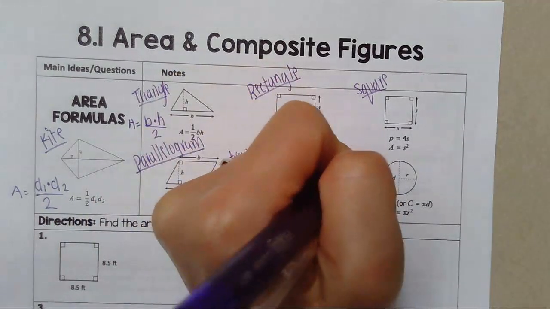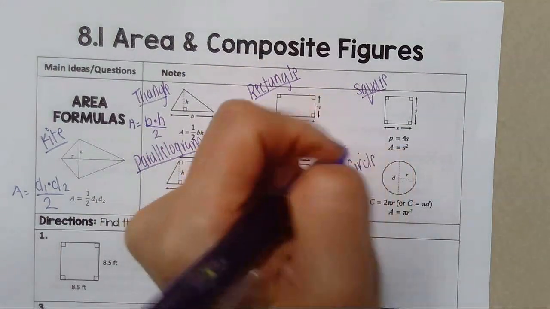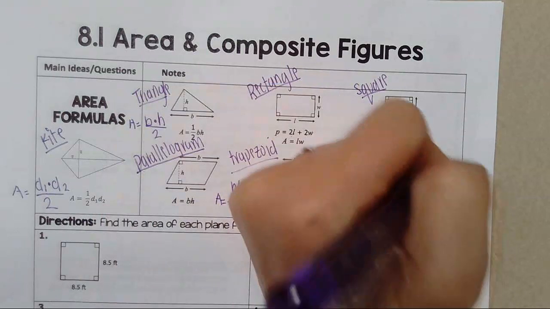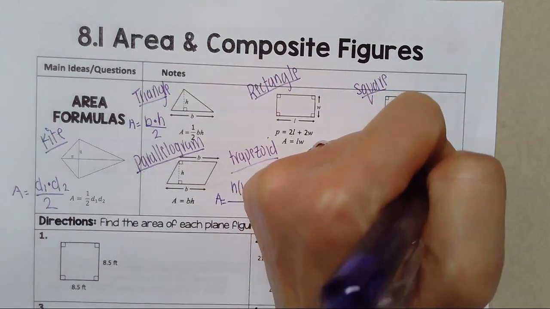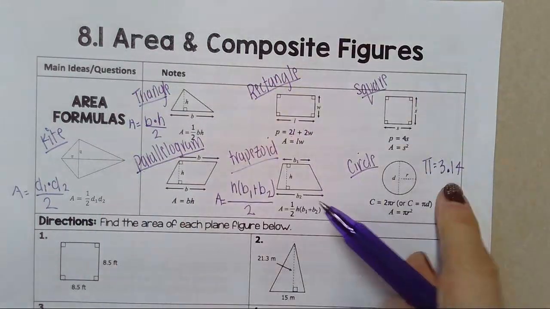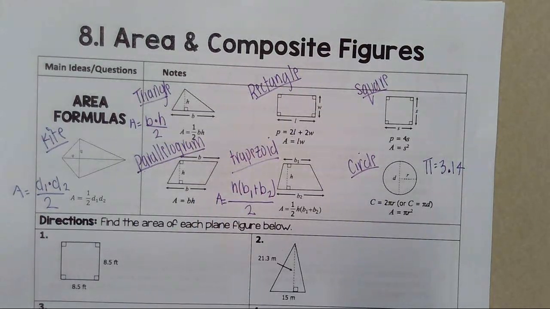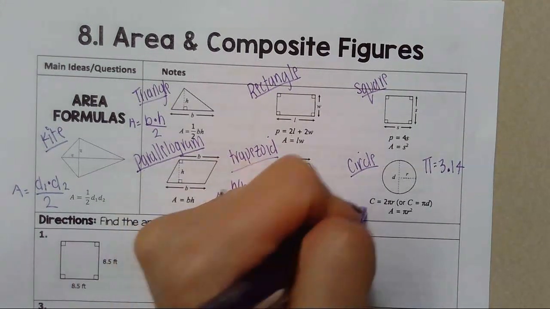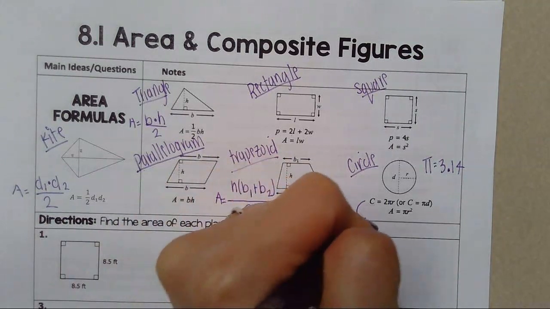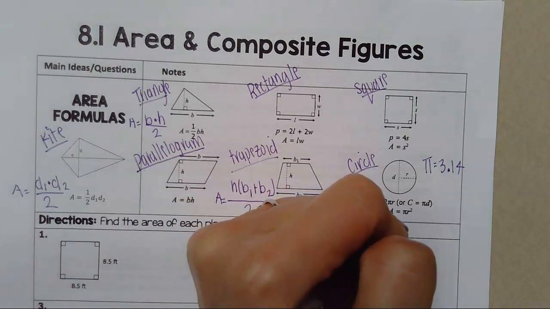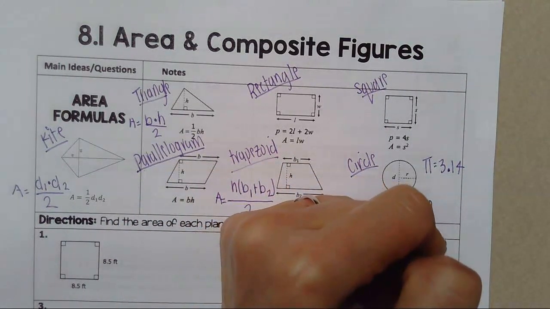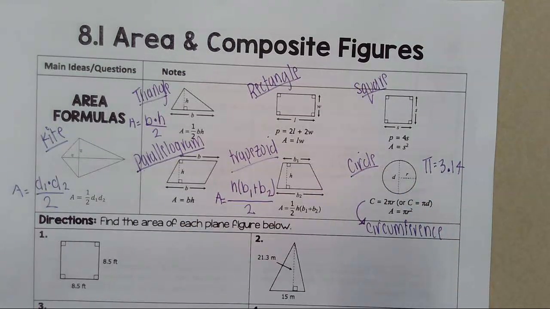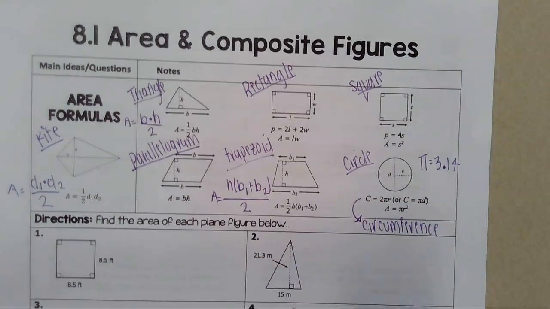And then a circle, just know that we think of pi equal to 3.14. That's the number that we want to use. C for circle stands for your circumference, and it's the distance around the circle.